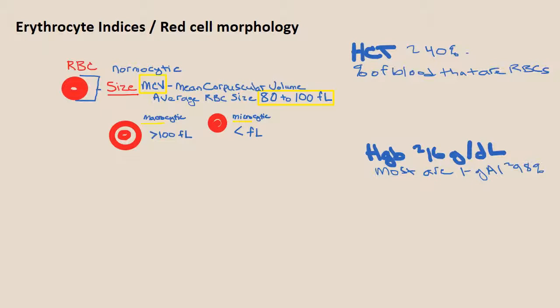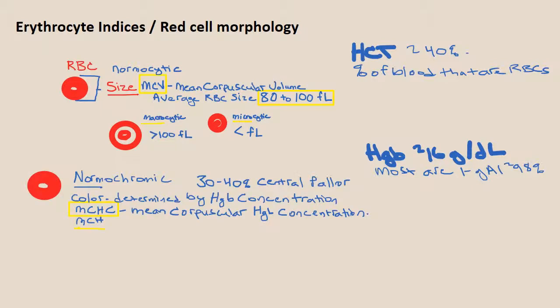Remember, that was the hematocrit, on average 40%. Then we divide that product by the number of erythrocytes, and that gives us the mean corpuscular volume, or the mean cell volume, and we can tell the average size of the red blood cells.